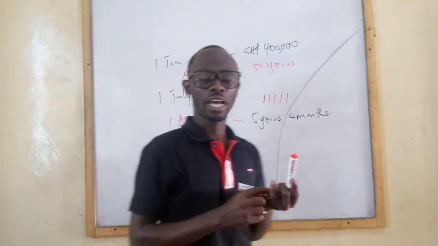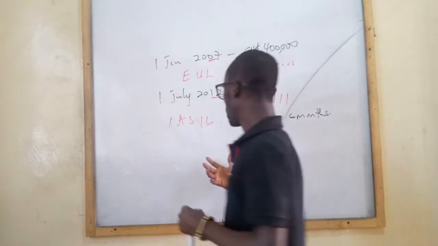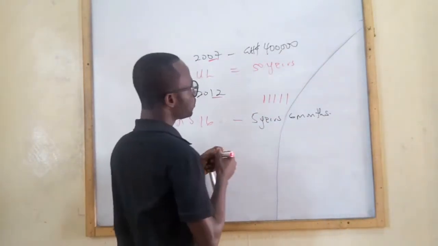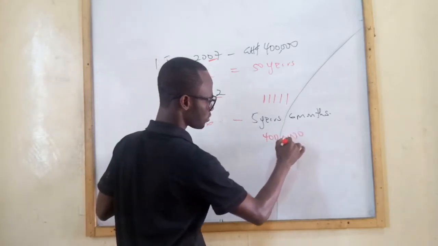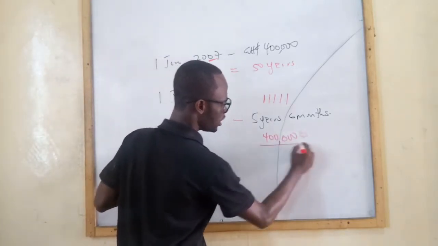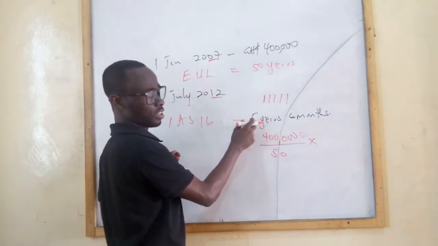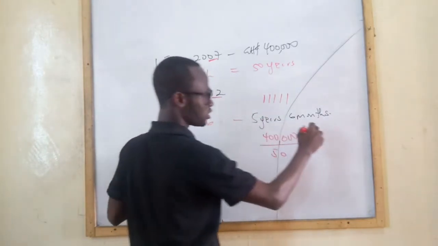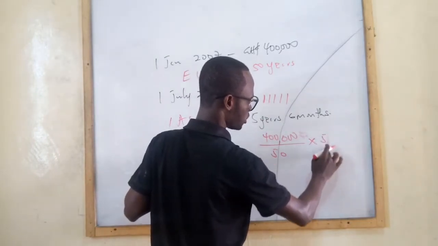So how do we calculate the total depreciation on those 5 years, 6 months? It's going to be 400,000 divided by 50 years, times 5.5 years.